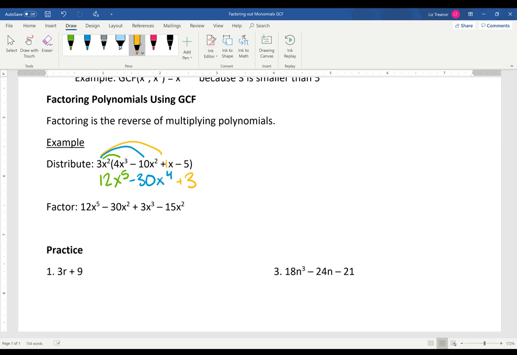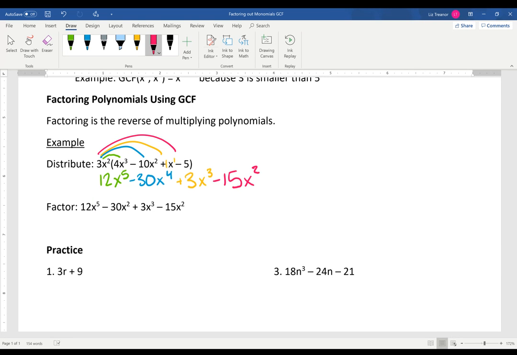And 2 plus 1, because there's another imaginary 1 there, is 3. And last, 3 times negative 5 is negative 15, and keep that x squared. That should look like the next question, but the next question is the opposite.